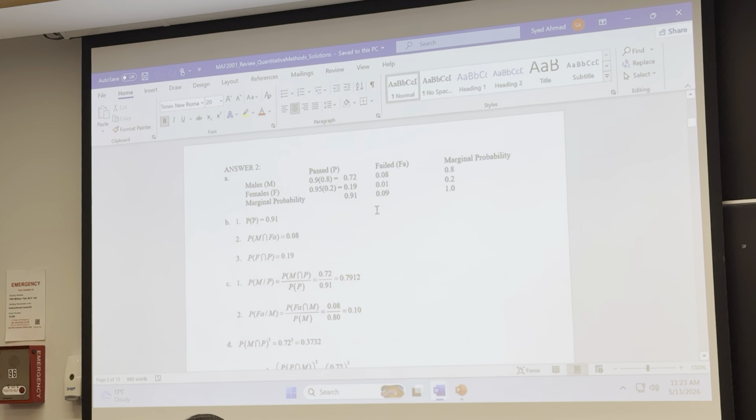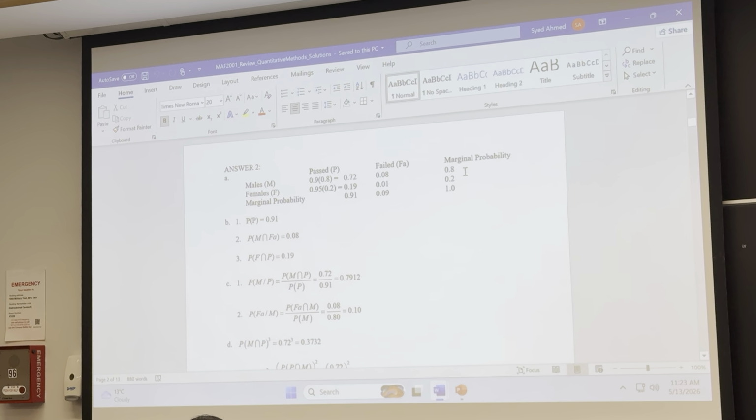So you have the numbers, but if you divide them by 100, you have probabilities. So 72% and 19%. Now the total over here is 80%. If this is 72%, this has to be 8%.